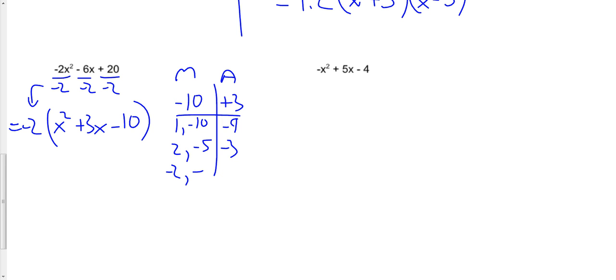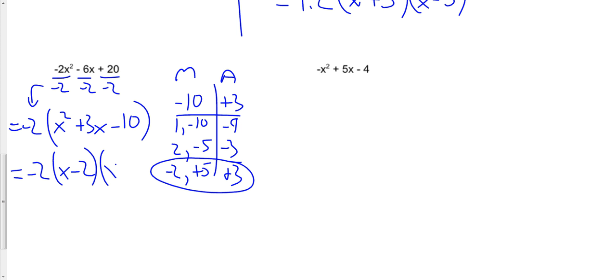Negative 2, positive 5, that ends up being positive 3. So we know that this combination has to be what we're looking for. So we end up with negative 2 times x minus 2 times x plus 5.